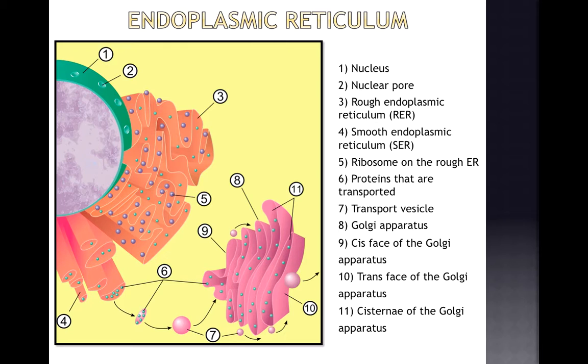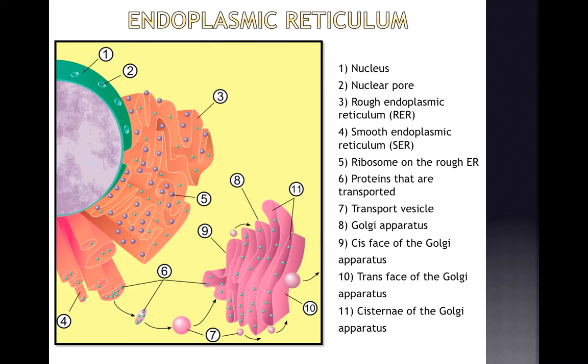When the protein is going to be used inside the cell, for example in the cytoplasm of the cell, there's the cytoskeleton. The cytoskeleton is made out of microtubules and filaments and so on.